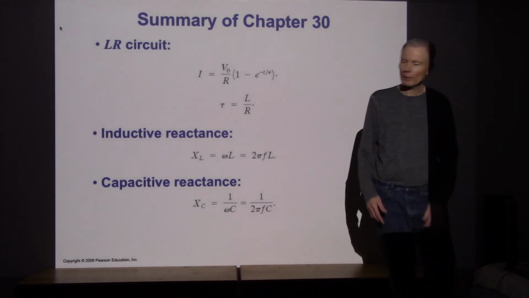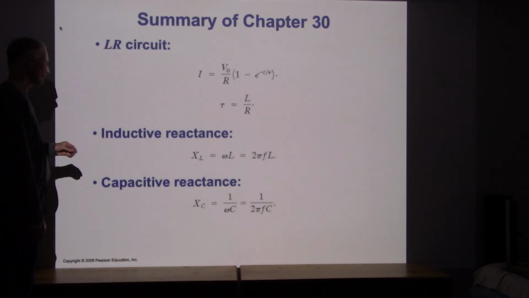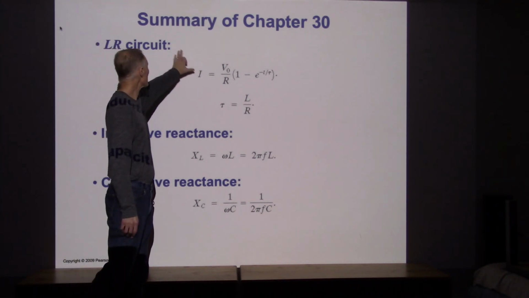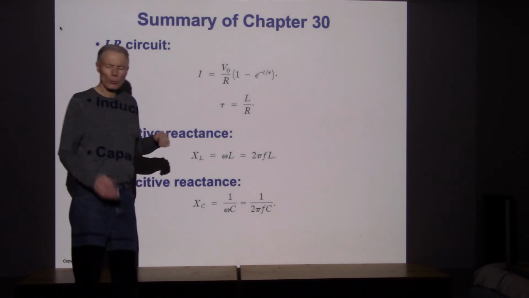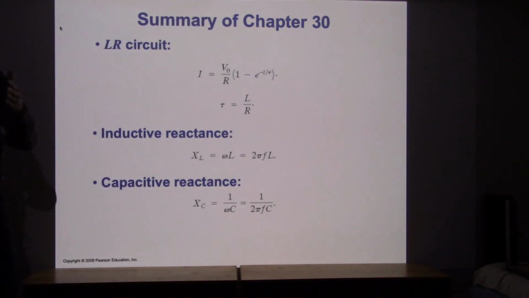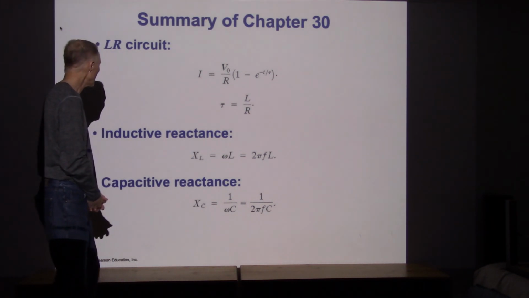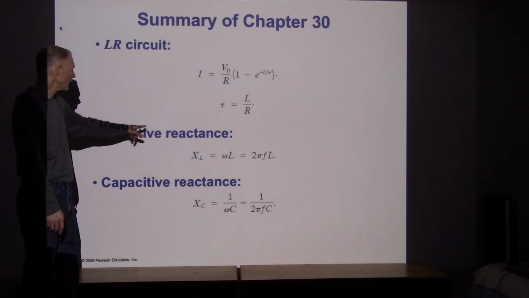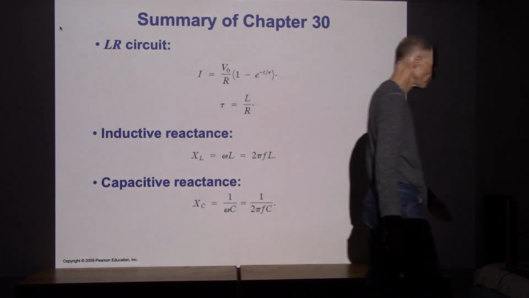All right, now we looked at a bunch of different circuits. So first of all, we looked at an LR circuit with a battery in place, and we said that the presence of an inductor slows the increase in current so that it asymptotically approaches some peak value. The current doesn't jump suddenly, it takes some time for the current to build up. And then we're moving down into AC circuits, where we defined inductive reactance and capacitive reactances for circuits.